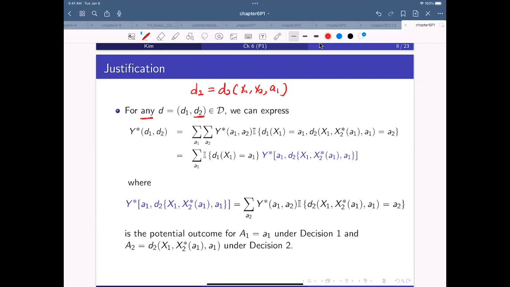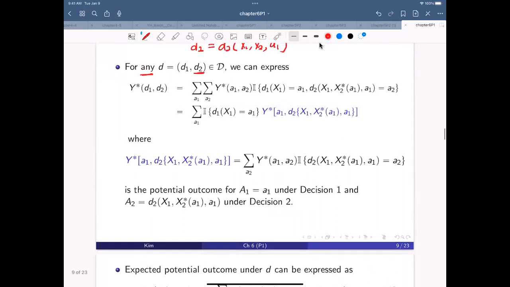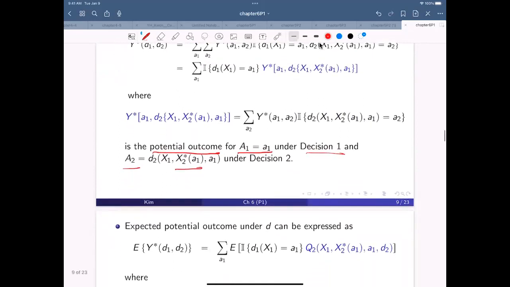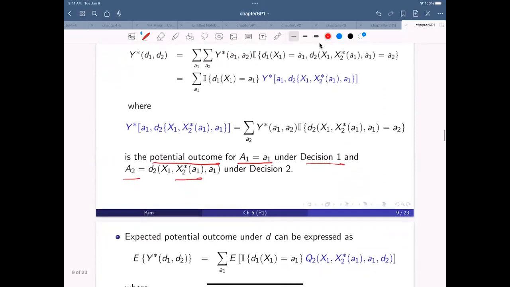So now once you write it this way, this Y star is the potential outcome for A1 equal to small a1 under decision 1, and A2, which is random because it depends on the potential outcome. Now we're going to take the expectation.